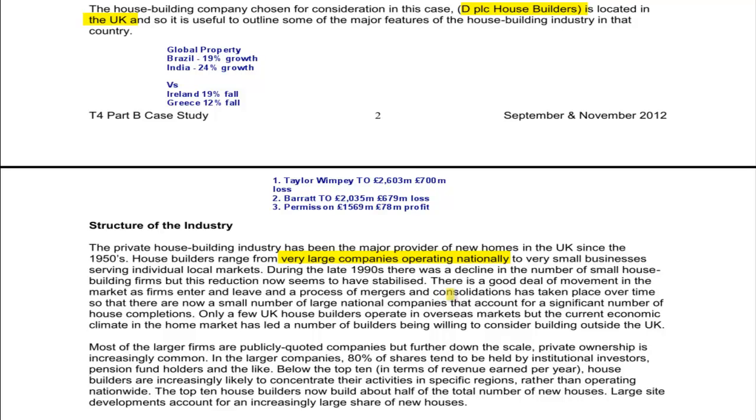There are also other, smaller competitors, but over recent years, it tells us here that there have been lots of mergers and consolidations between some of the smaller ones, which has created a number of large companies. Those large companies will, particularly in these difficult conditions, be competing very heavily.